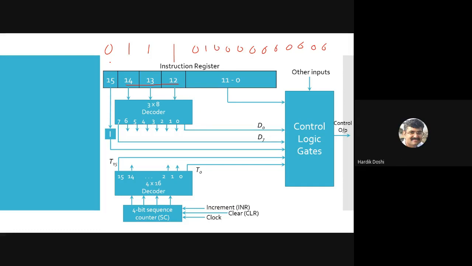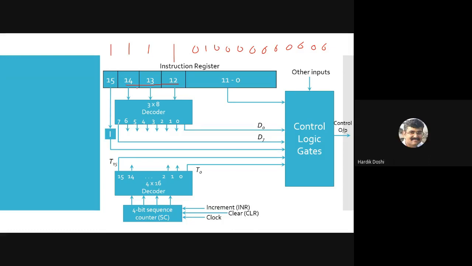But again, the problem remains. Okay, let me change the code. Instead of this 0, I am making it 1. Then which instruction is this? Can I say it is F400, which is an IO instruction?